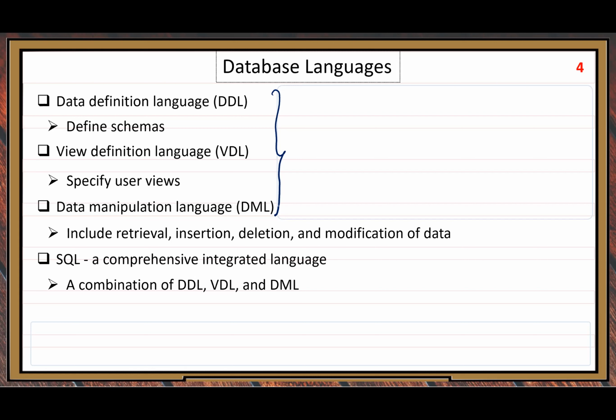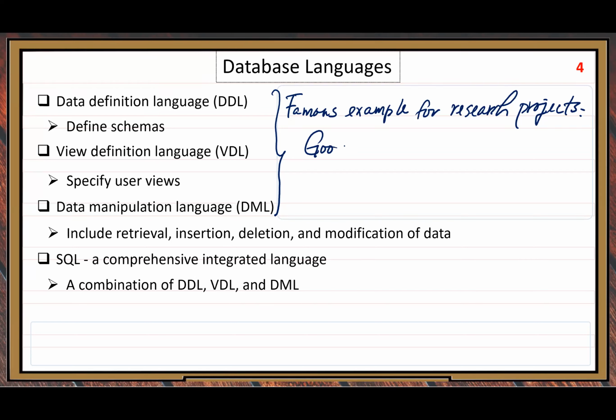A famous example, let me write it. One famous example of a university research project is the Google search engine.